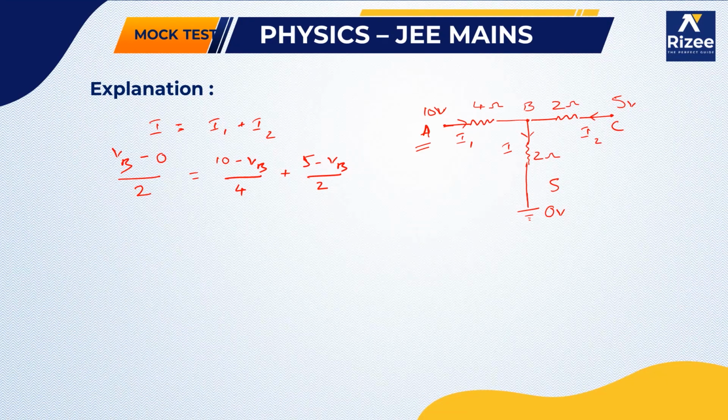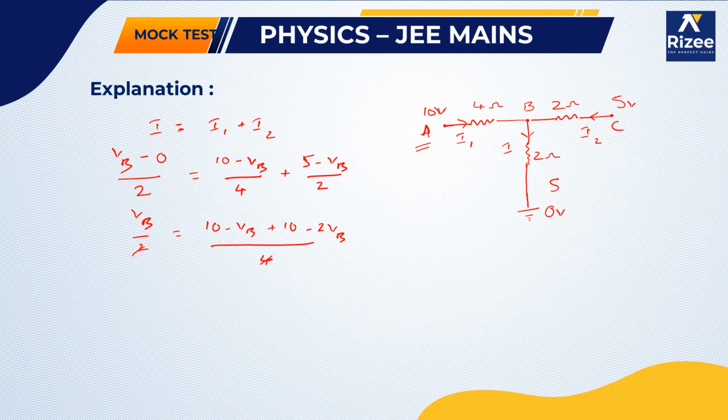Now on solving these equations, VB by 2 is equal to, let us take the LCM on this side. That will be 10 minus VB plus 10 minus 2VB by 4.